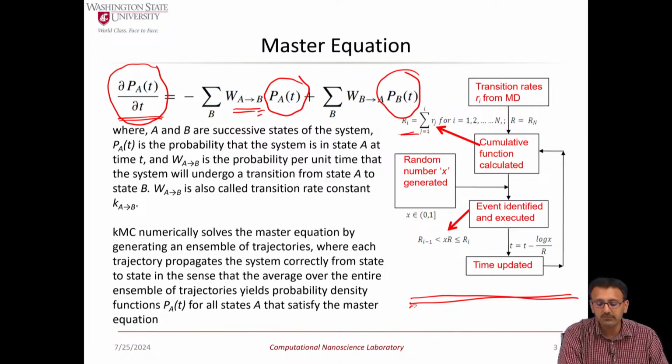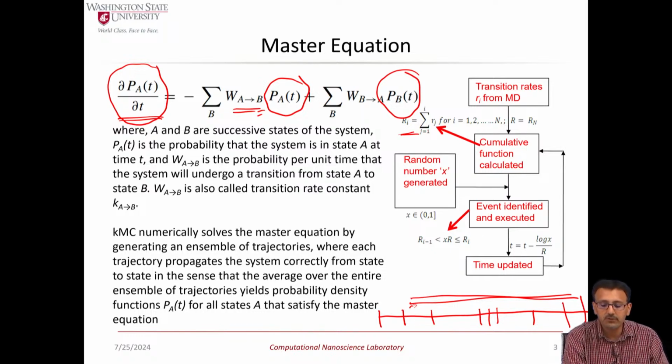Once you have that function, you can stochastically generate a random number. So think of this function as a line, as I have drawn here. This is the entire spectrum of events, and each event, some have a larger transition rate, some have a smaller transition rate. So you've generated a cumulative function.